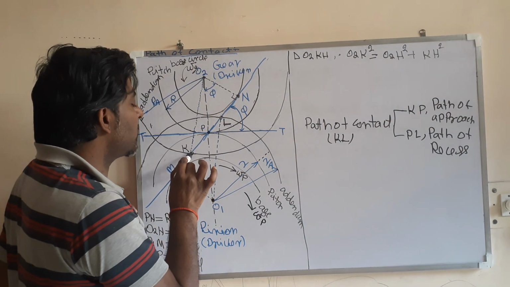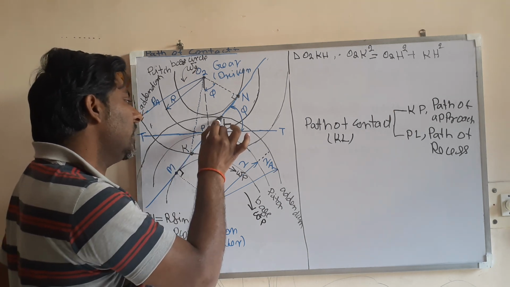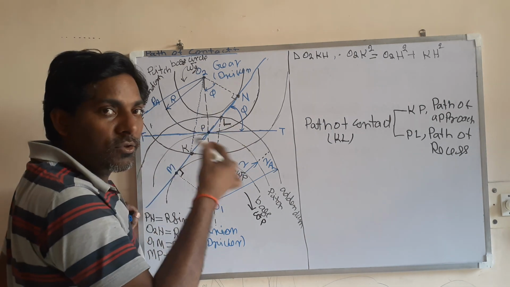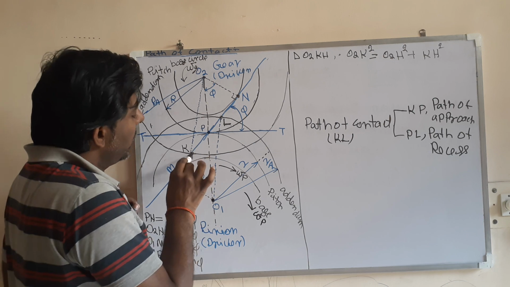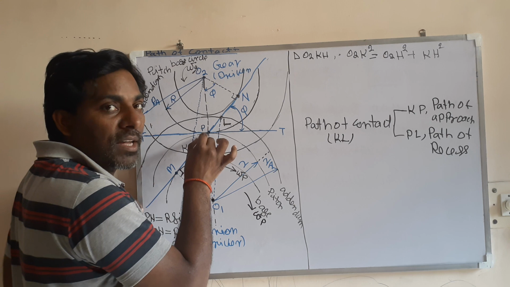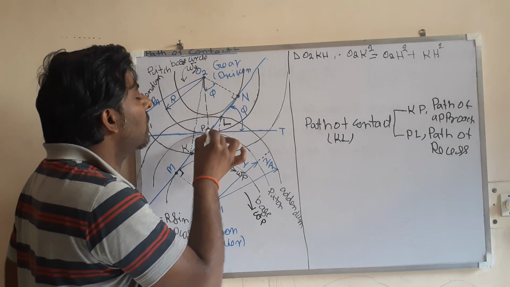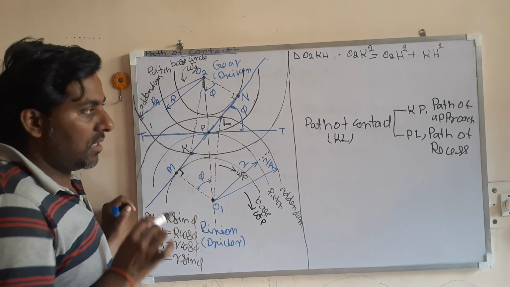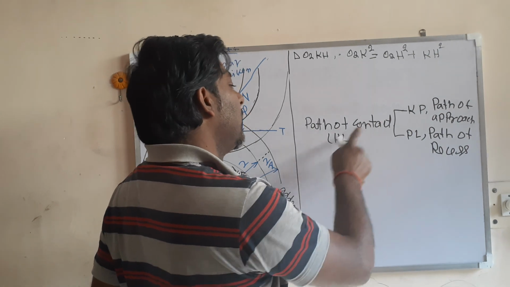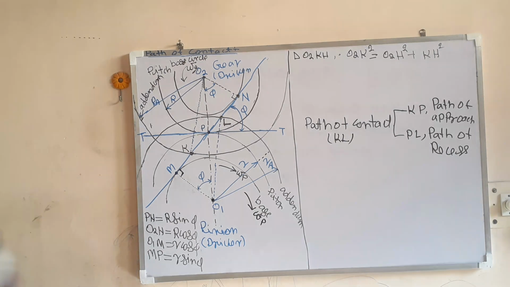The distance from the start of engagement to the end of engagement along the common normal is known as the path of contact. The distance from the start of engagement to the pitch point along the common normal is the path of approach, and from the pitch point to the end of engagement is the path of recess. When you add the path of approach and the path of recess, you will get the path of contact.